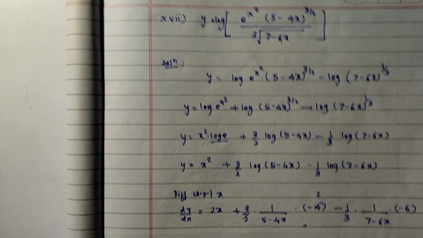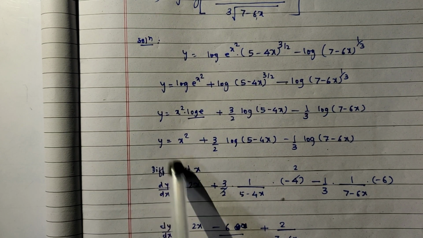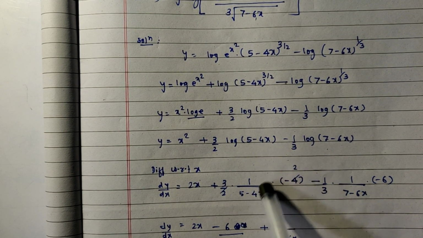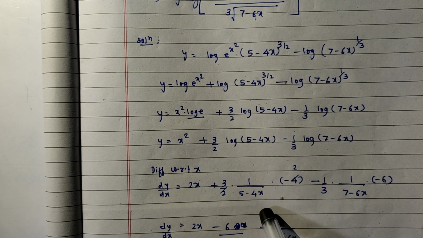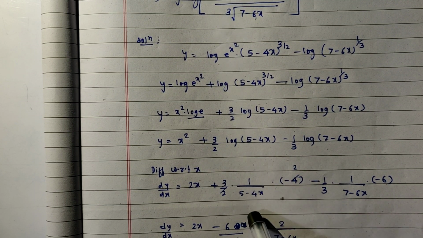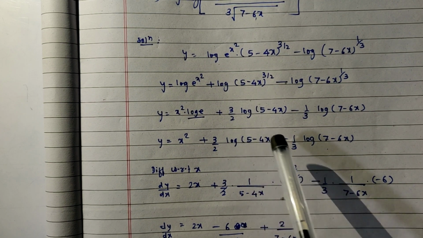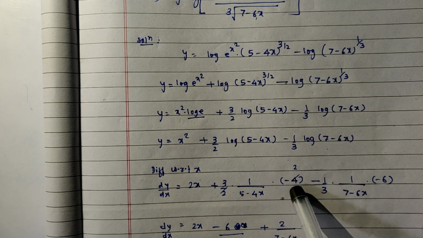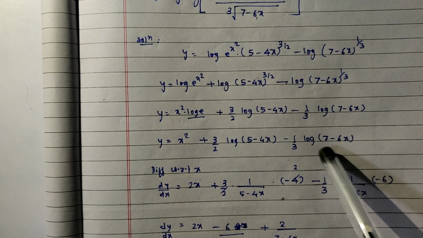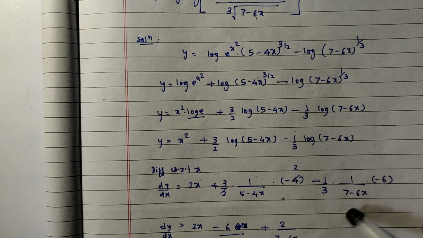Now differentiate it with respect to x. Derivative dy by dx, derivative of x square 2x, 3 by 2, derivative of log fx 1 upon fx, that is 1 upon 5 minus 4x, and derivative of 5 minus 4x, 1 upon fx, f dash of x, derivative of 5 0, derivative of minus 4x is minus 4, minus 1 upon 3, derivative of log fx, here we use 1 upon fx f dash of x, that is 1 upon 7 minus 6x.